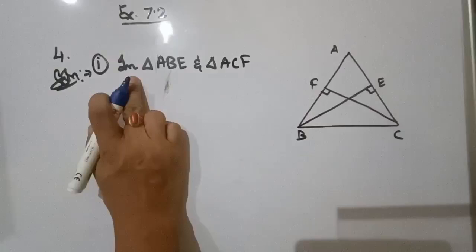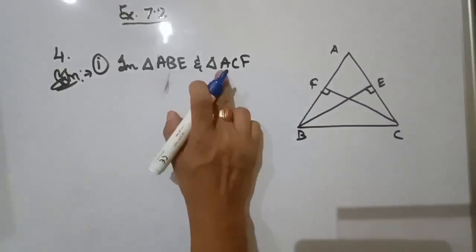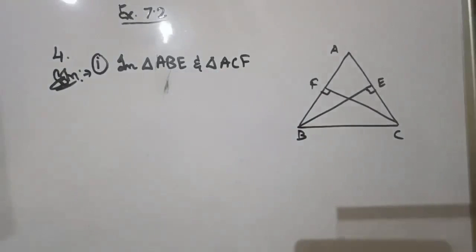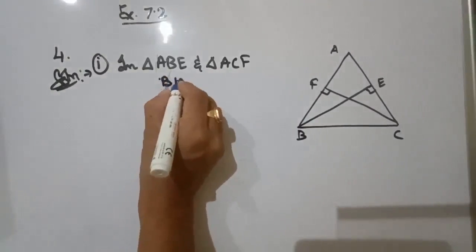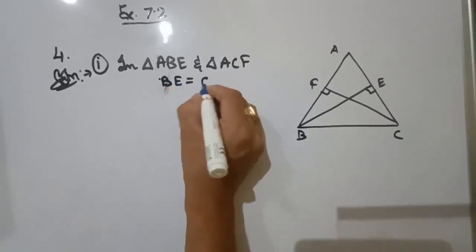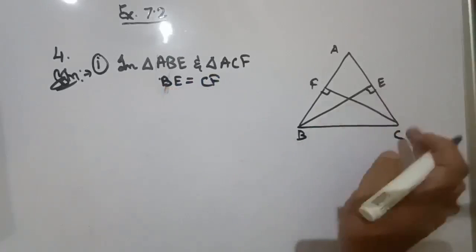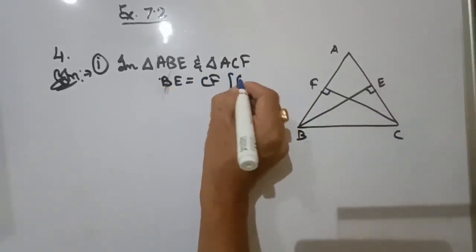So in these two triangles, triangle ABE and ACF, side BE equal to CF. Side BE equal to CF. This is given in the question.